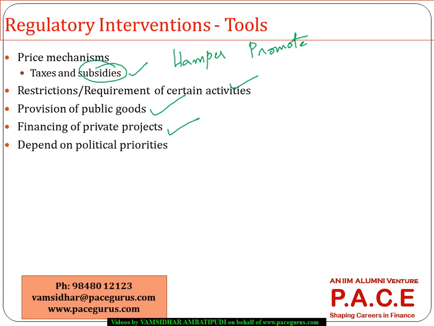And in some cases they can even get into funding private projects, especially giving some kind of loans. But all these things depend heavily on the political priorities and objectives of the regulators and the government. Based on this, they try to use the appropriate tools.